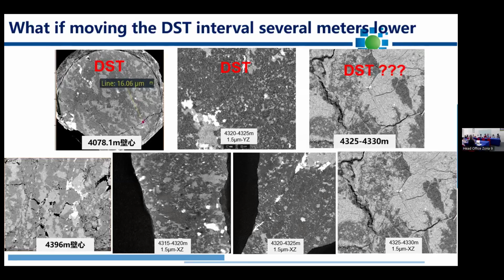It's not always. The good thing about cuttings is that you have so many of them, hundreds and thousands. If you just look at one sample and compare with wireline, it's difficult. I'm not recommending you just look at one or two data points.